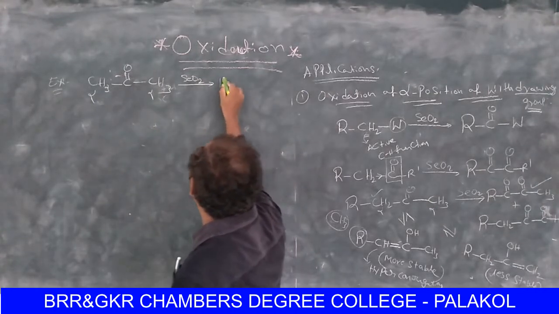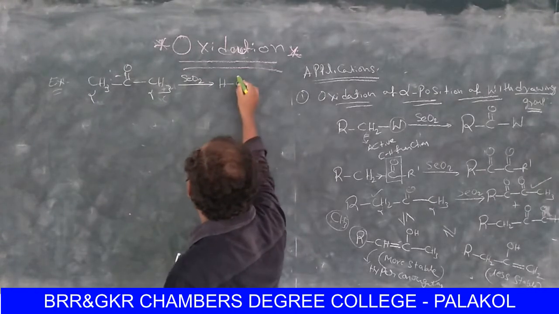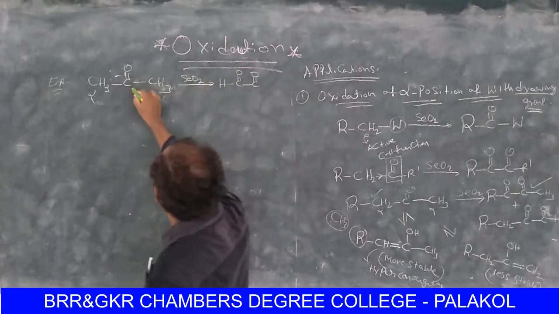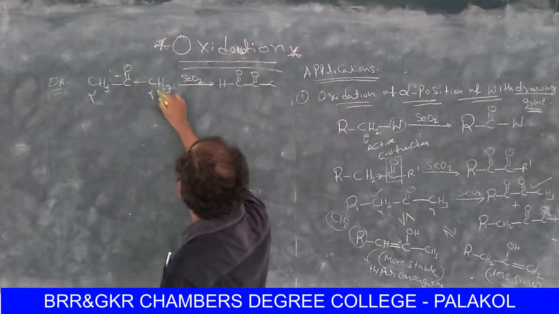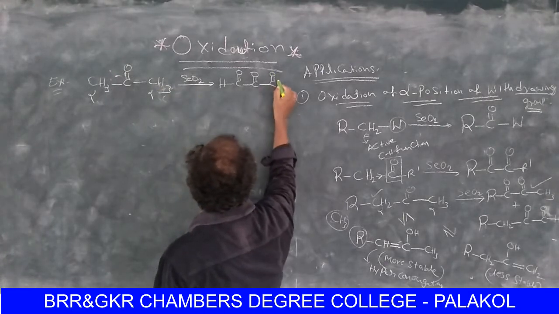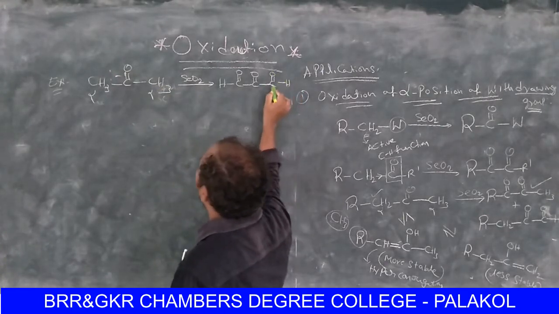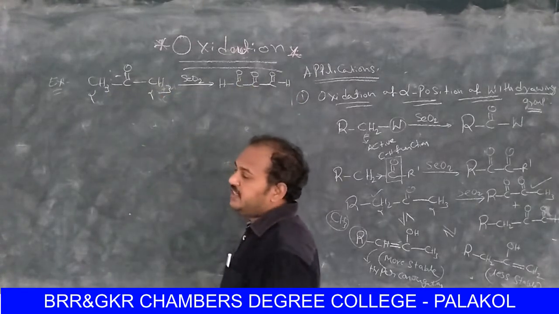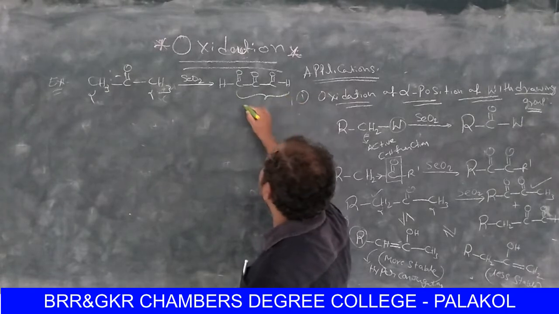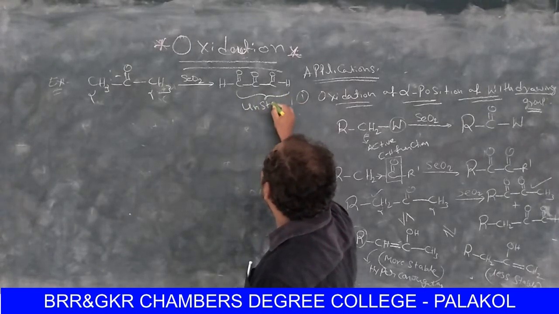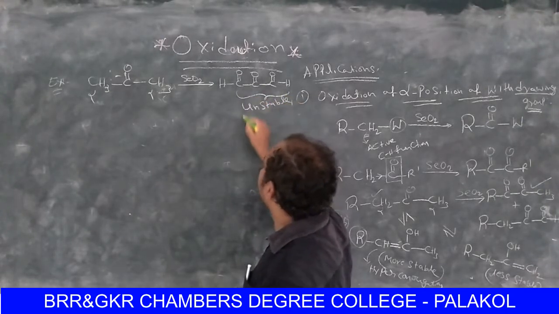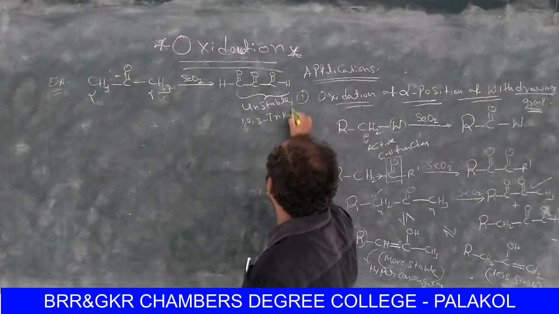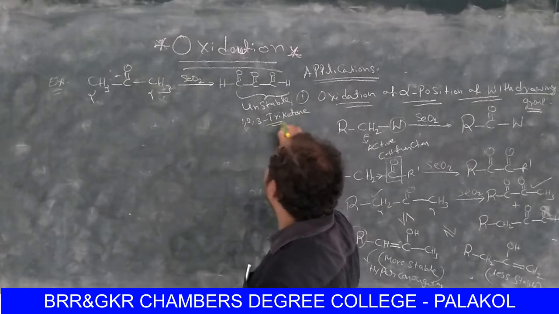But then the product we get is CH3 converted to HC=O, with the C=O still present, and the other CH3 also converted to HC=O. So this is HC=O, this is HC=O, right? But here the product formed is unstable.